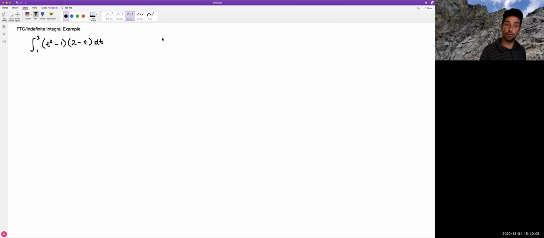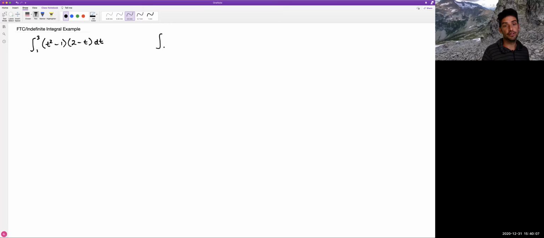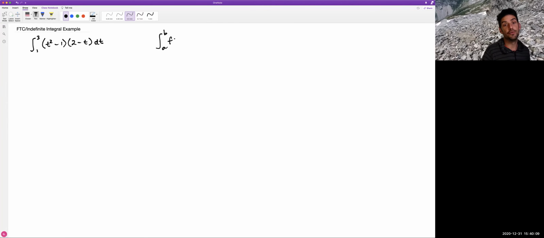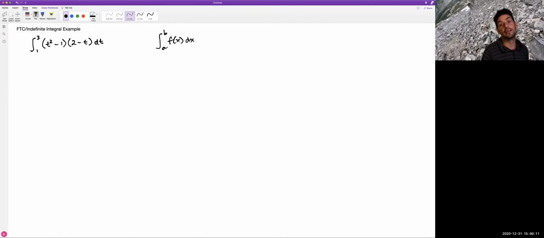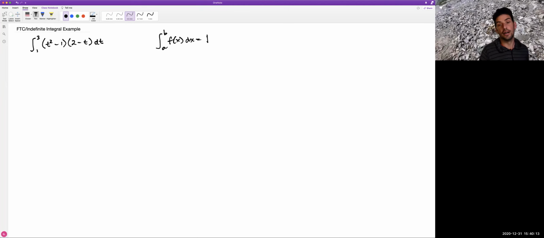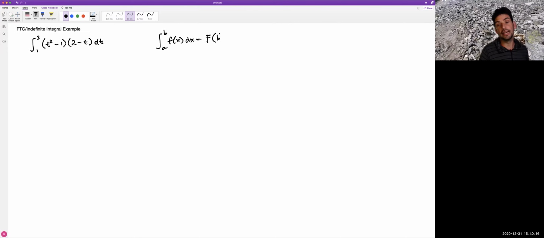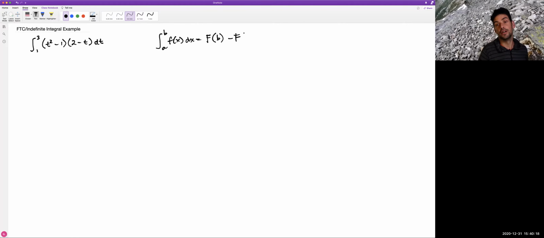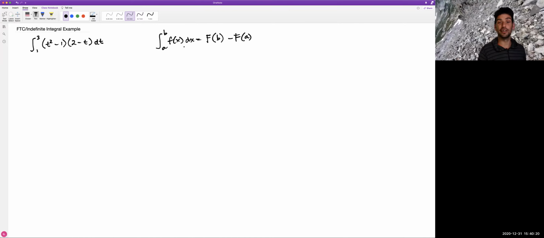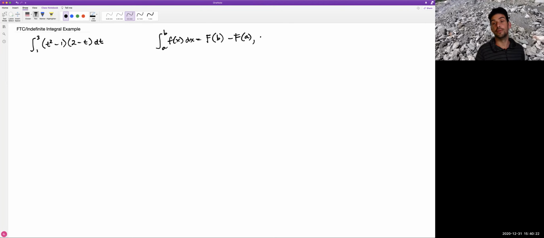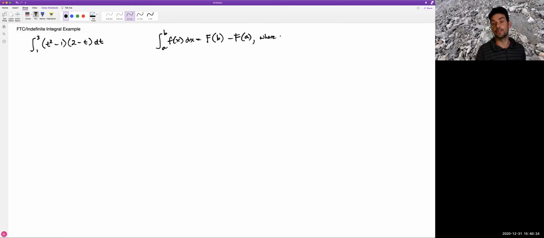So the big idea when we want to compute a definite integral is we evaluate an antiderivative of the integrand at the endpoints.